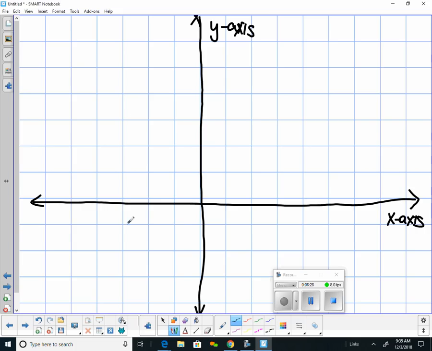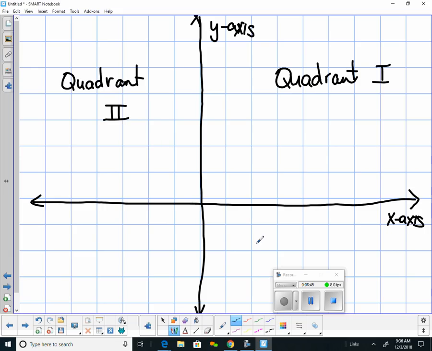We have 4 sections. We have quadrant 1. And these are Roman numerals, so do not put a 1, okay? This is quadrant 2. Roman numeral for 2 looks like 2 capital I's together. Then we have quadrant 3. 3 looks like 3 I's together.